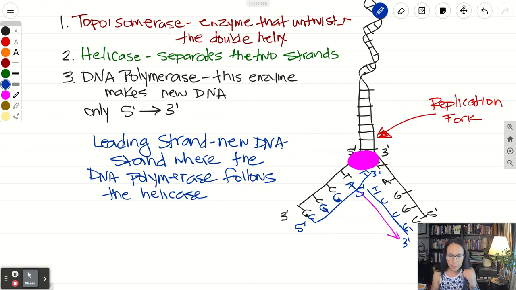Before I write that down, I just want to point out that this strand that we just drew, going in the opposite direction, is called the lagging strand.